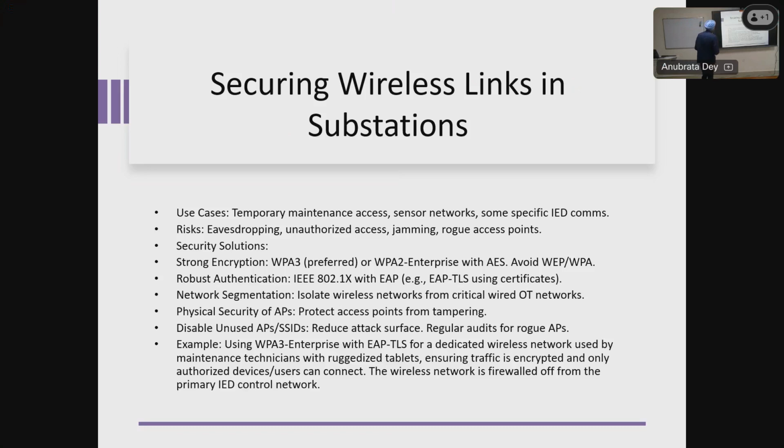This is more on wireless links in substations. Okay, and usually you use them for temporary maintenance access or sensor networks. So I'm not sure in utilities how much wireless networks are there. Okay, not at the same level as the wired network, obviously, right?